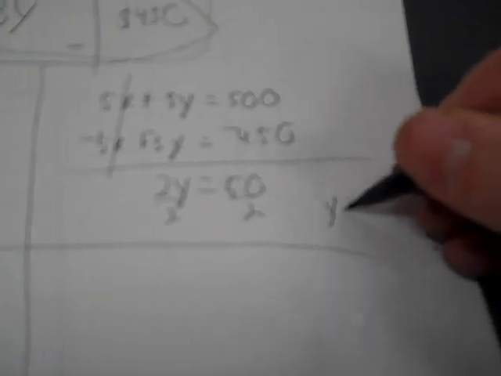So it's going to be 5X plus 5Y equals 500. And on bottom, we're going to have 5X plus 3Y equals 450, because multiplying by 1 is the identity property. So negative, negative, negative. Cancel those. 5 plus negative 3 is 2Y. That's 50. So divide by 2, and Y is 25.